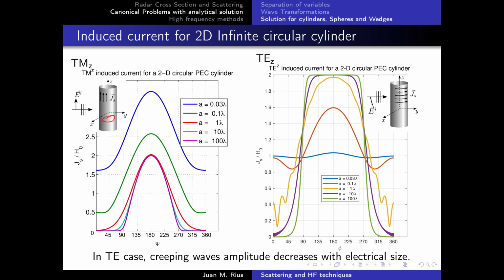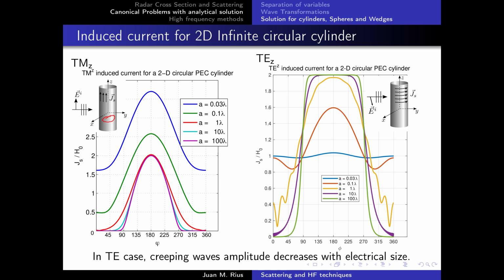For different radii, in blue color we have the smallest radius, it is almost constant, and for example here in magenta or violet color we have a very large radius of 100 lambda, and in this case what we observe is that the current is almost zero here.